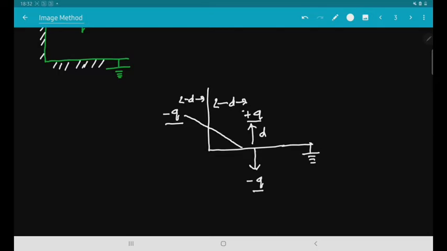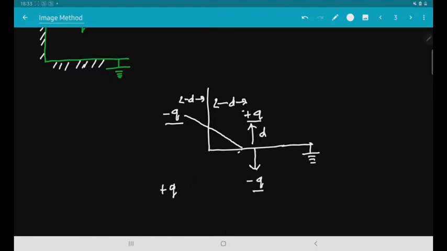So we will have to put another charge at the same distance from this minus q charge, but in the opposite direction. We'll consider a positive q charge. Now see, because of this negative charge and positive charge, the potential will become 0 on this plate also. Now how to know how many charges to take, that we will see in the next question. So here 4 charges we will have to consider.